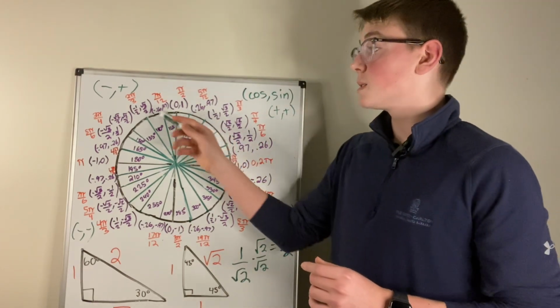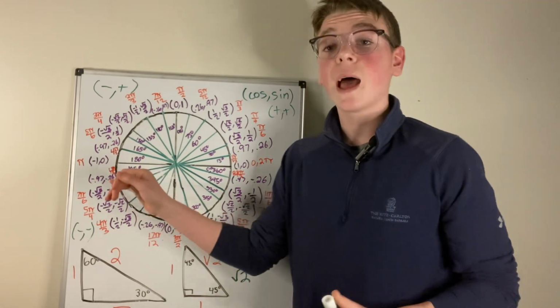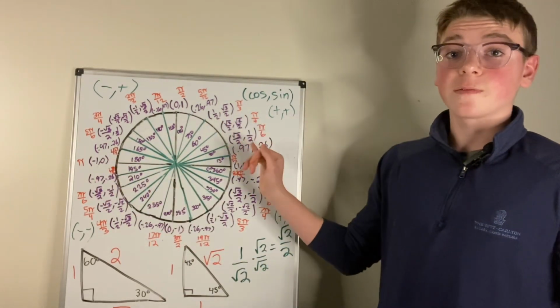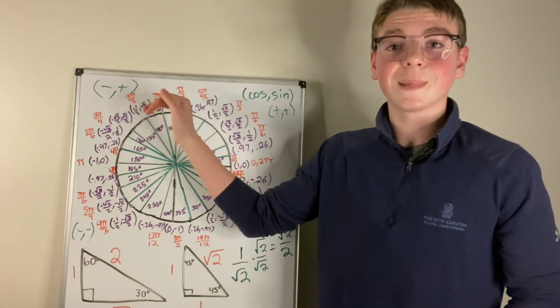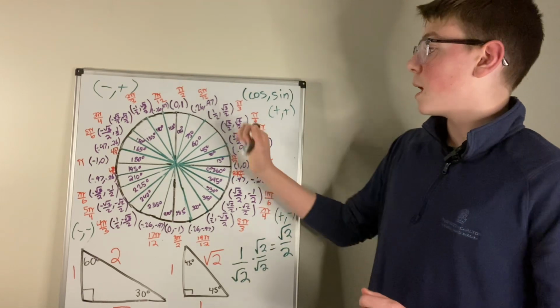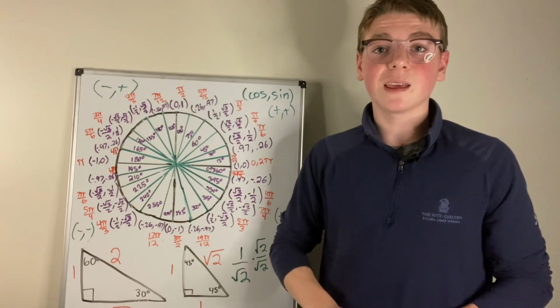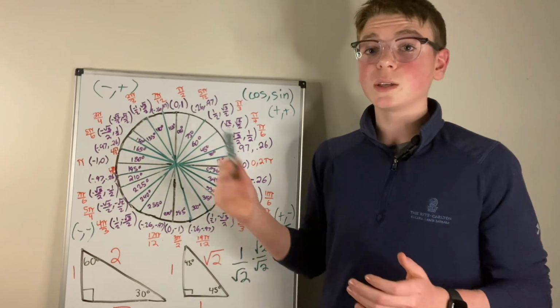And then, second quadrant, what you're going to do is pi minus your reference angle. And then you'll get this number, whatever it is. And then you change the cosine negative and the sine positive. Third quadrant, you do pi plus your reference angle.